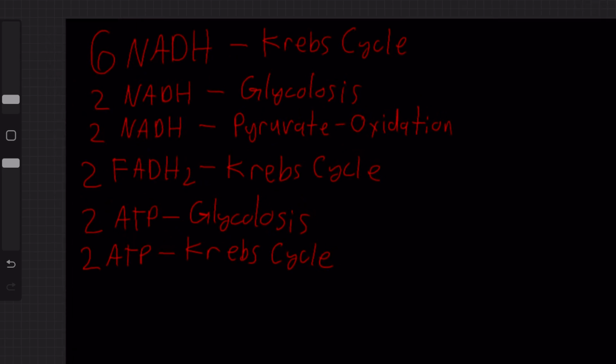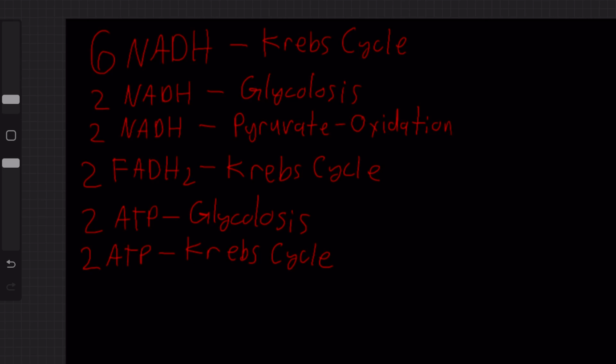We have 6 NADHs from the Krebs cycle, which again we have to remember. We get 2 from going to ketoglutarate, 2 from going to succinyl coenzyme A, and 2 from going from malate to oxaloacetate.